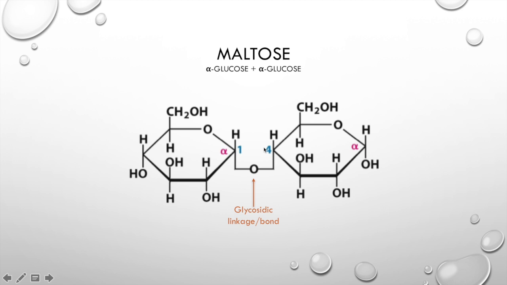Because if you go back to the ring structures, there was an OH and an H. So that OH and H were removed, one from each, and then that H2O was removed, dehydration synthesis, and that formed that glycosidic linkage and bond. So again, this is happening between the first and the fourth carbon, and this is called an alpha linkage since both of them are alpha glucose molecules.